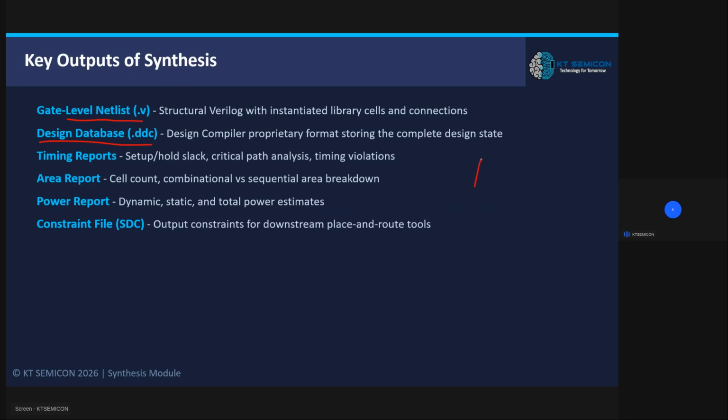In the analyze step, we are checking whether there are any errors or not. After that we have another step called elaborate. In this elaborate step, the RTL code is translated into a gate level netlist, right? Up to now we have done only the analyze step.